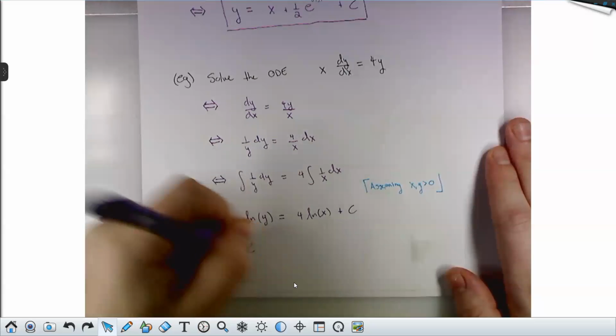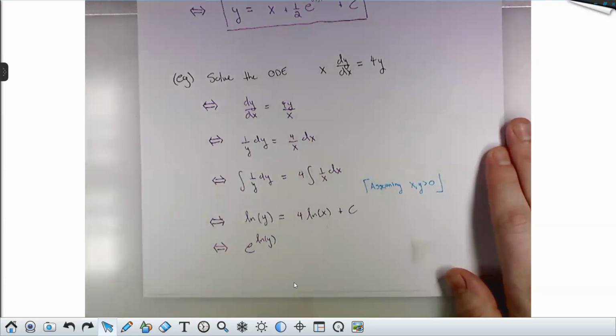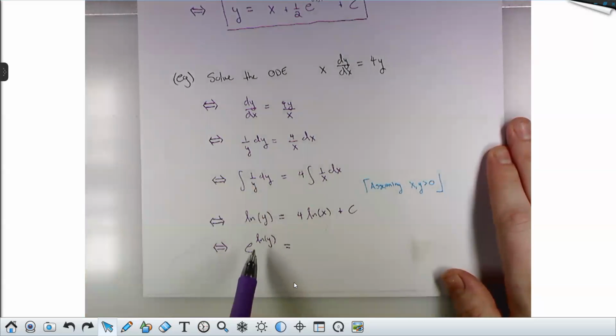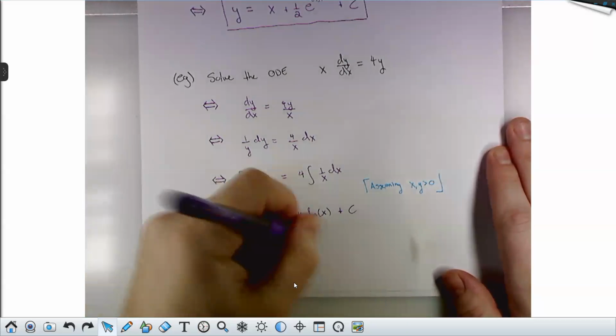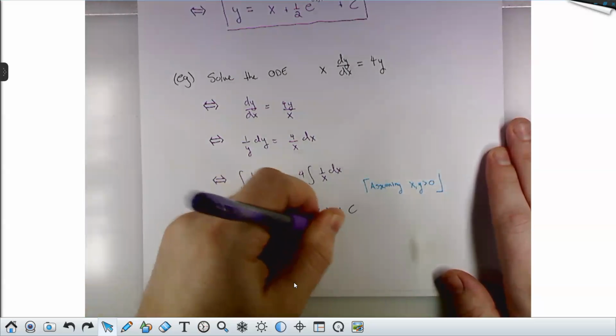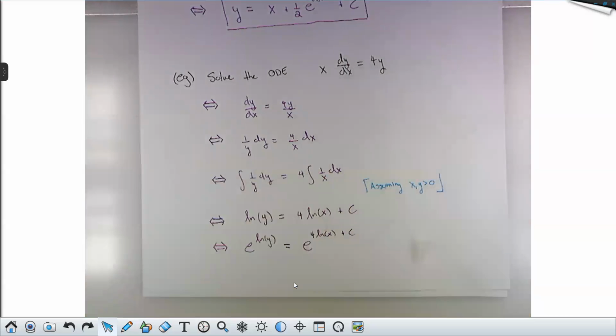So I'll get on the left e to the ln y, and I trust that everybody would have done this. I'm just trying to teach you the vocabulary. On the left-hand side, I'll get e to the ln of y. And on the right-hand side, I'll have e raised to the 4 ln x plus c. These guys don't get separate e's, right?